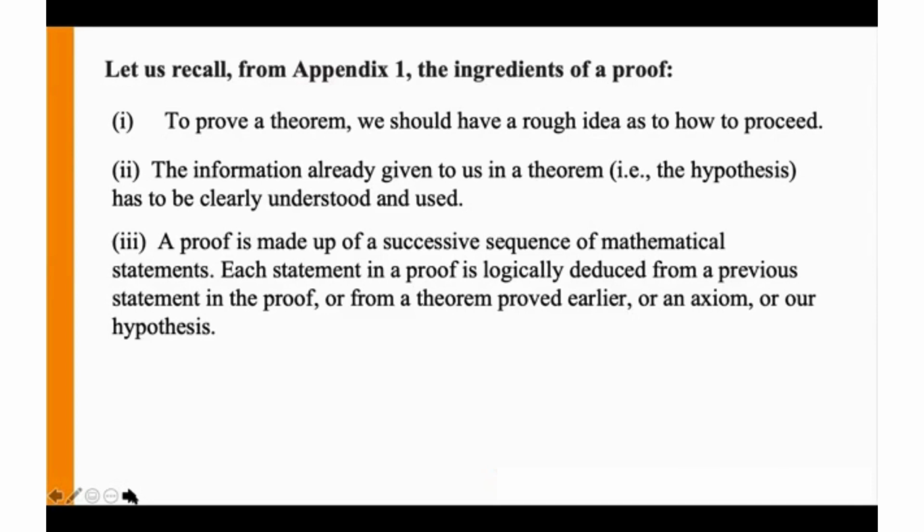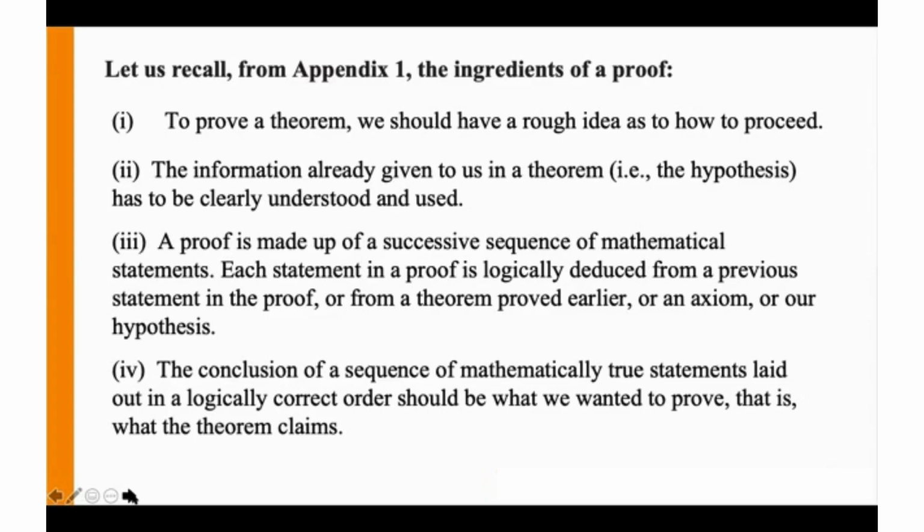So each statement that we write in a proof has to come either from our previous statements, so that it follows a logical order, or from a theorem which we have already proved earlier, or an axiom which we have already studied, or our hypothesis given in the statement.